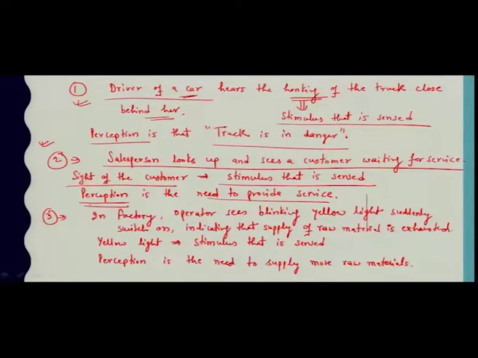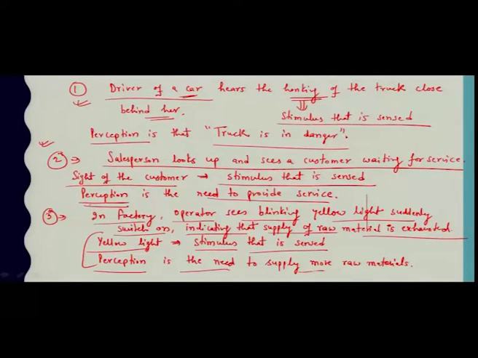In another example, in a factory the operator sees a blinking yellow light suddenly switched on, which indicates that the supply of raw material is exhausted. So the yellow light is the stimulus that is sensed, and the perception is the need to supply more raw material.